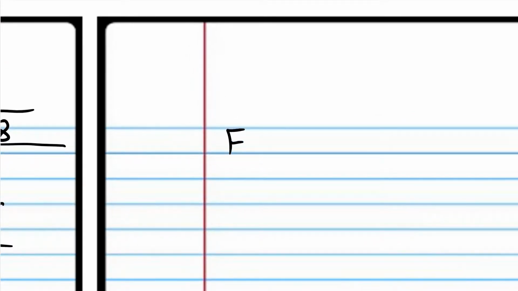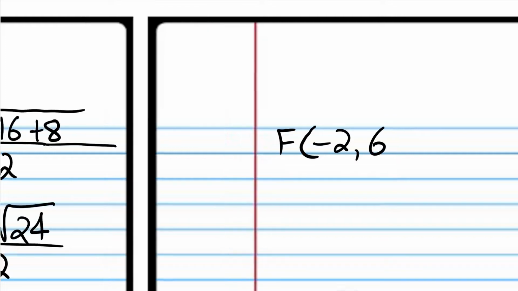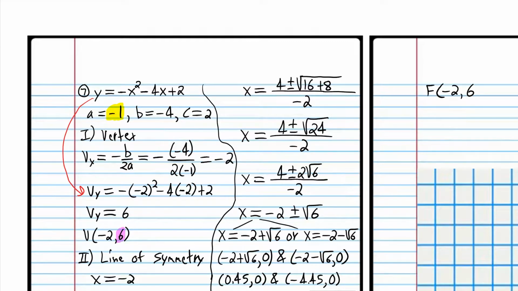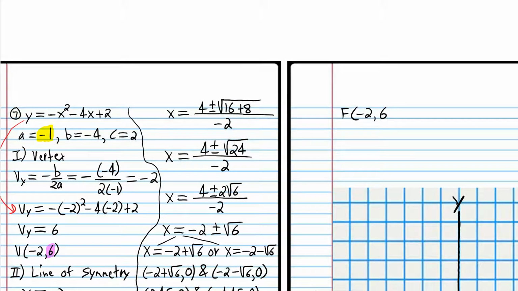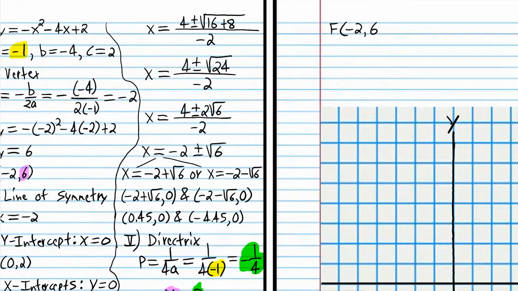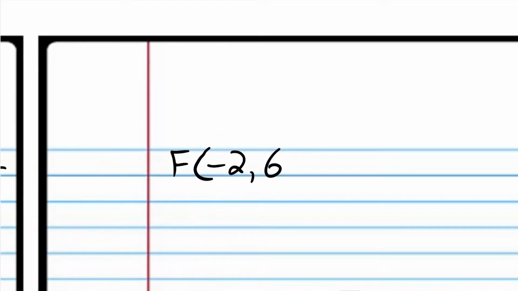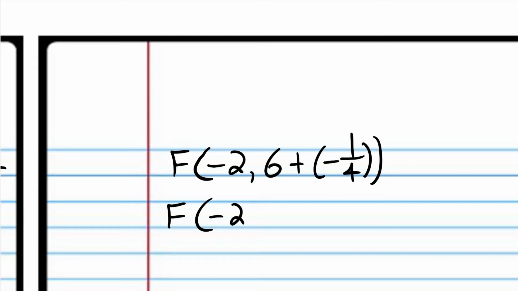So the focus is, remember our x value of the vertex was negative 2, and the y value of the vertex was 6. And then we're going to subtract p, and p is negative 1/4. Actually, we're going to add p. So the focus is negative 2 and 5 3/4.